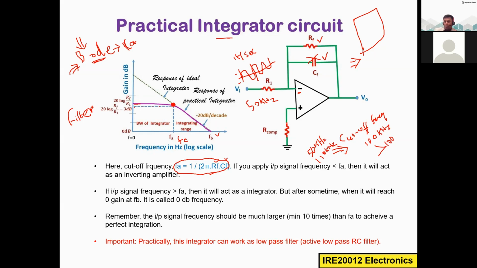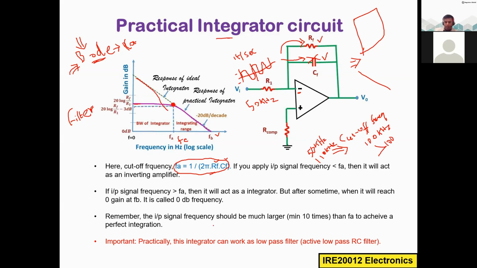So 110 kilohertz I apply at the input. Now this circuit will work as an integrator, because with high frequencies the signal goes through this path instead of here. Then this capacitor starts to store charge, and then it starts to discharge. Then the slope occurs, and we get the integration.